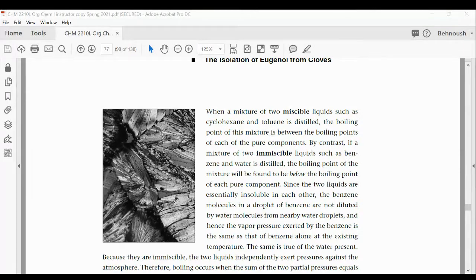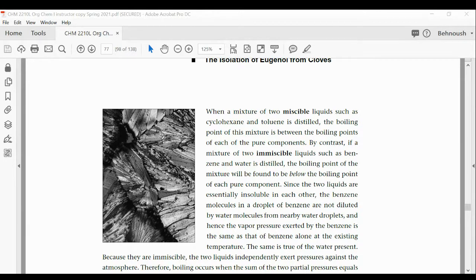So when the total pressure equals atmospheric pressure, it is going to start boiling. If it's open to the environment and the pressure is about 1 atm, it's going to boil at less than 100 degrees.